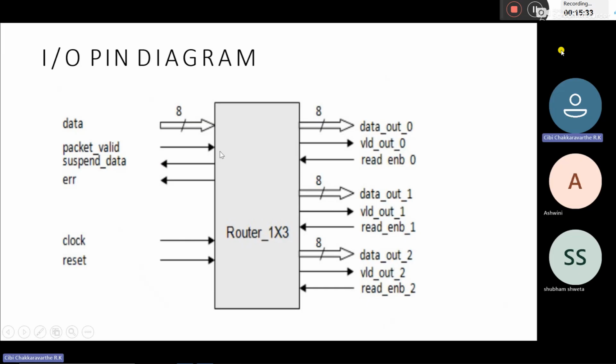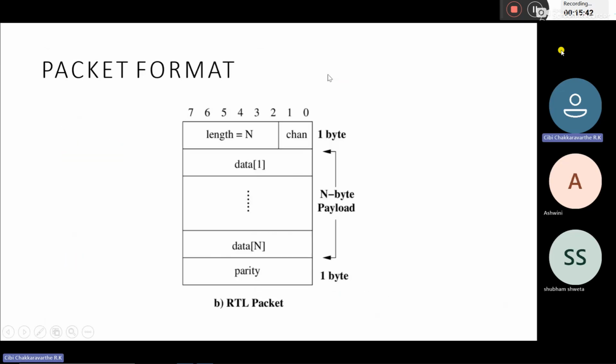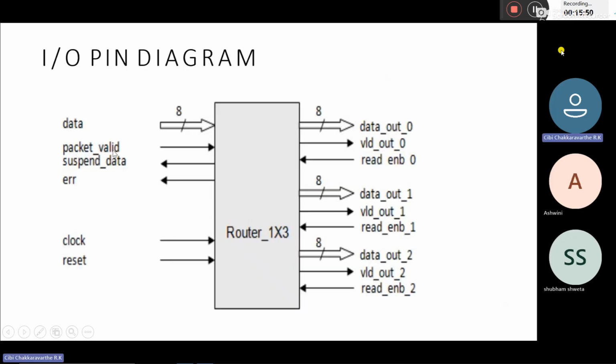According to this packet format, the first byte will be our address and the length of the payload, so this packet valid will be asserted at the first byte, whenever we are receiving our first byte.